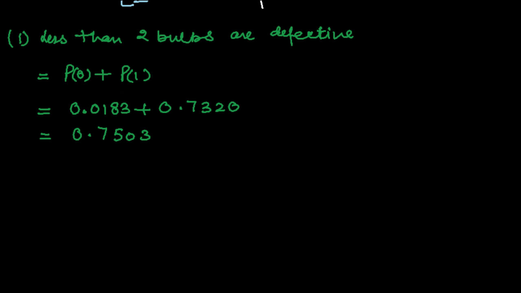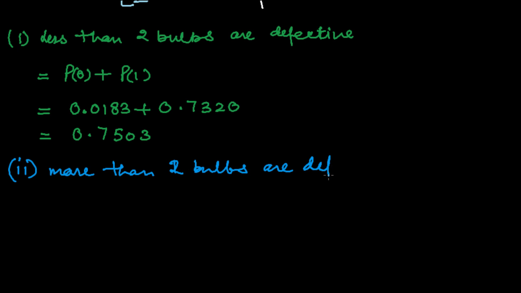The second point we have: more than 2 bulbs are defective. Look at here, we know the complete probability is 1.